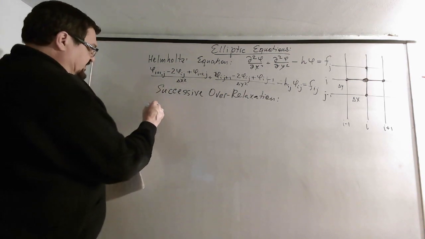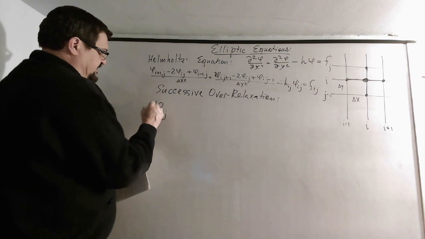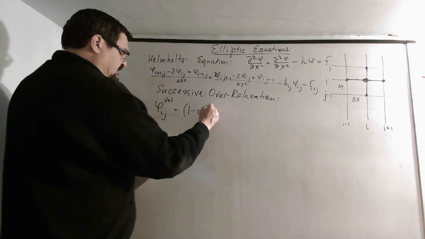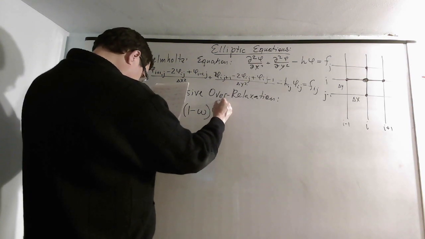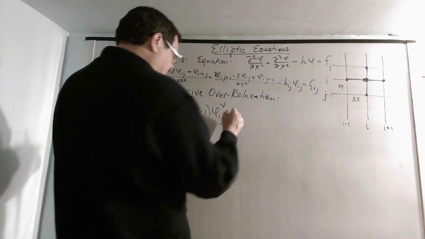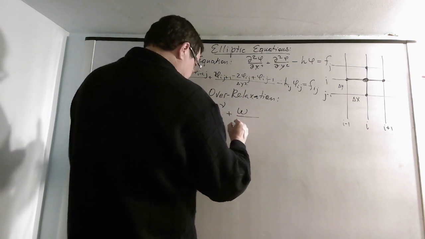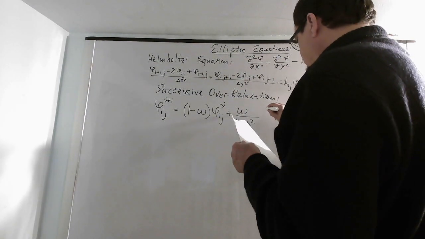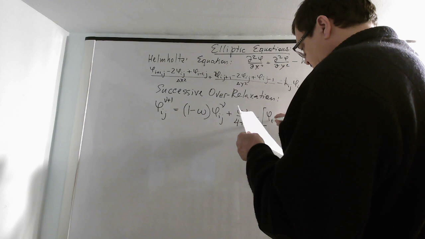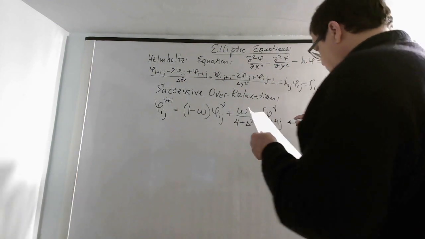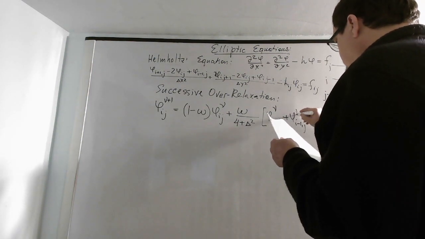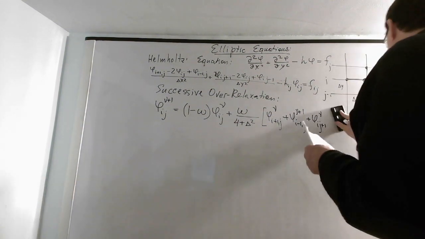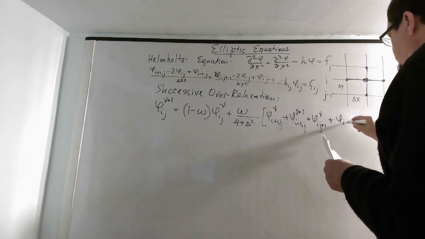It's the following. We write our solution as modified in the following way: phi ij nu plus 1 equals 1 minus omega times phi ij nu, plus omega divided by 4 plus delta squared, and here you have our previous expression, phi i plus 1 j nu plus phi i minus 1 j nu plus 1 plus phi i j plus 1 nu plus phi i j minus 1 nu plus 1.